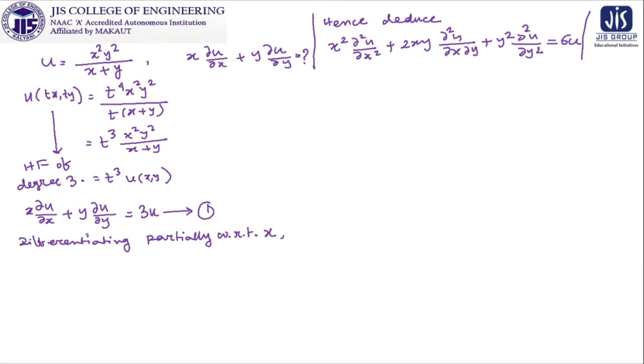We get x, think about it, we are partially differentiating this one, so x is kept as it was, then it is del 2u del x2, plus del u del x is kept as it was, and x is differentiated with respect to x partially, so it will be 1, then plus y is kept as it was, del 2u del x del y, then plus del u del y is kept as it was, and y is differentiated partially with respect to x, but it will be 0, so I am not writing it. So it will be 3 del u del x. Okay.